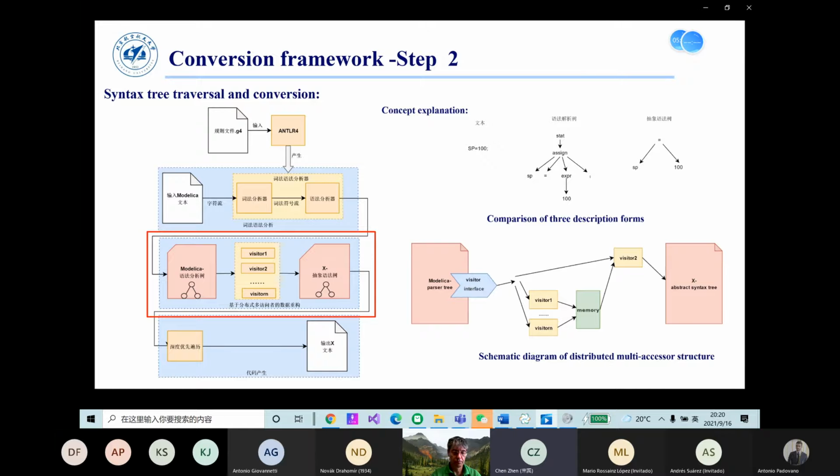Since the behavior of multiple visitors is independent, complex conversion tasks can be disassembled. In this step, it is also necessary to construct an abstract syntax tree of the output language according to the grammatical rules of the output language.